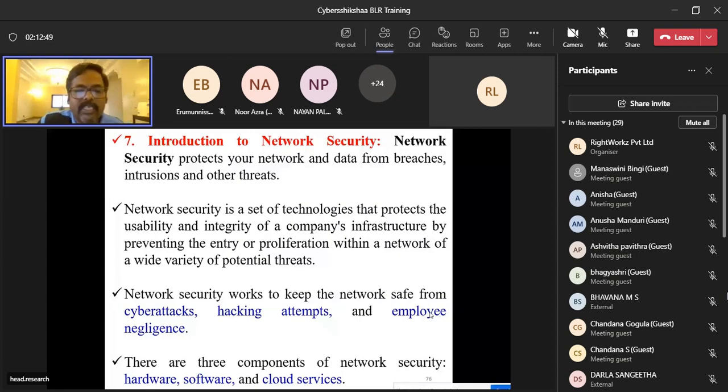It works to keep the network safe from cyber attacks, cyber criminals, malicious attacks, hacking attempts and employees' negligence. There are three components of network security: hardware security, software security and cloud security.